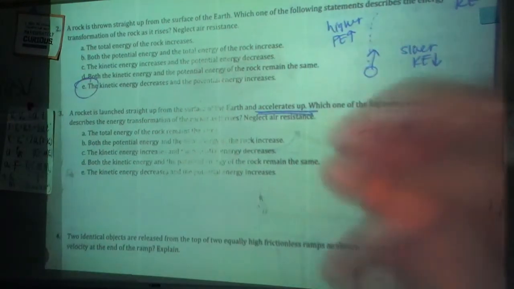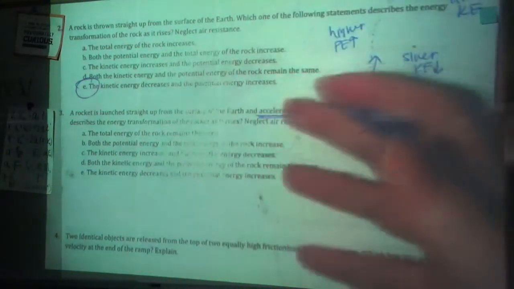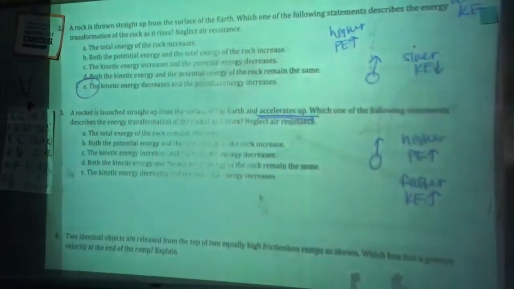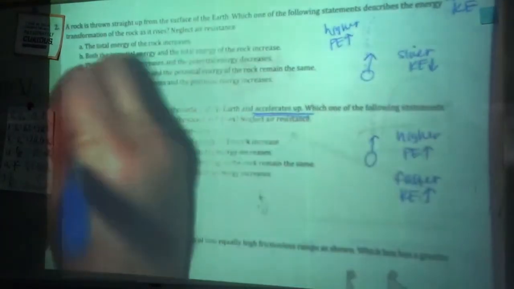So in this case, it's okay that the total energy is increasing, because there is some outside force or engine putting energy into the system. So here, both the potential and the total energy increase.